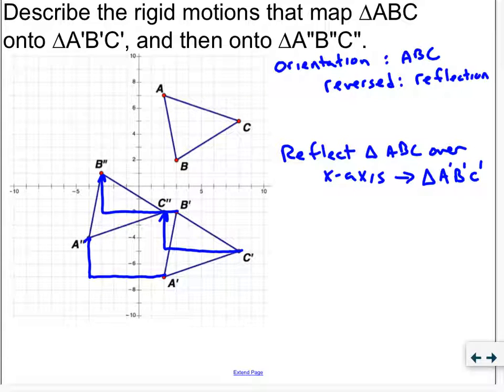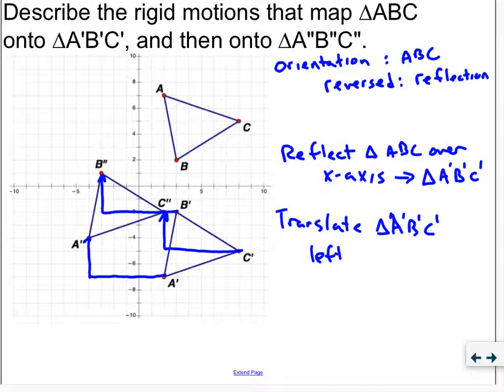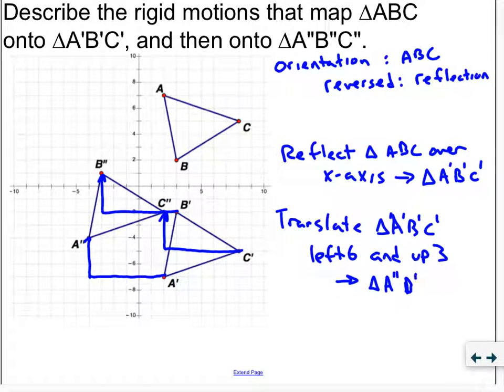So then afterwards, we're going to translate the image of the first triangle, triangle A prime, B prime, C prime, to the left 6 and up 3. And that's going to result in the double prime triangle.